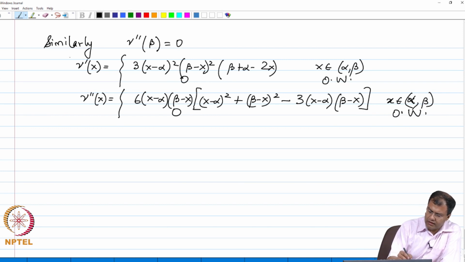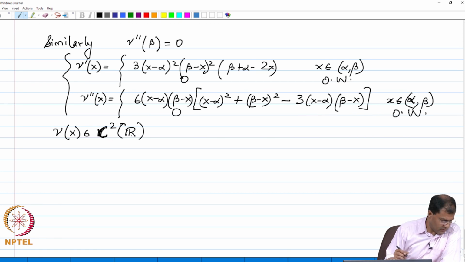So, what this expression shows is that the first and the second derivative of nu exist, and hence we can conclude that nu is in the class of second order differentiable functions over the space of the real numbers, right, and that concludes the proof of our first lemma.